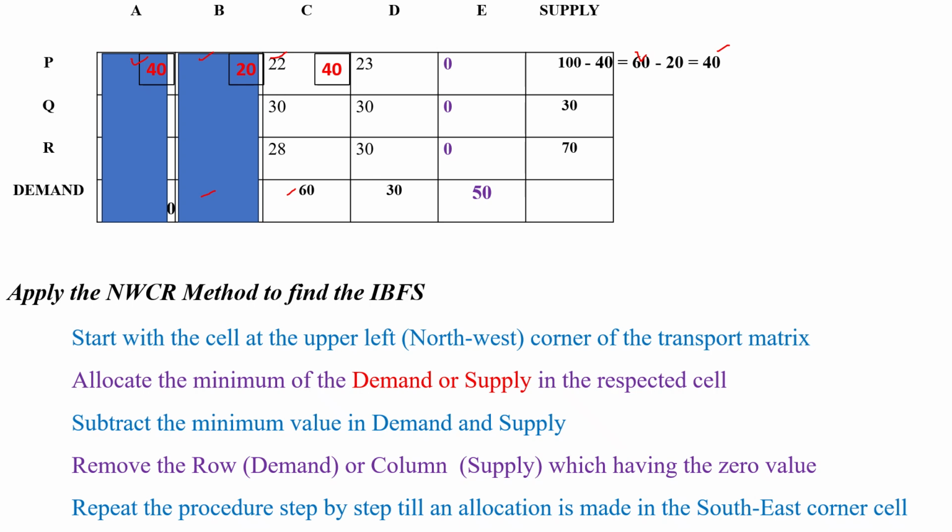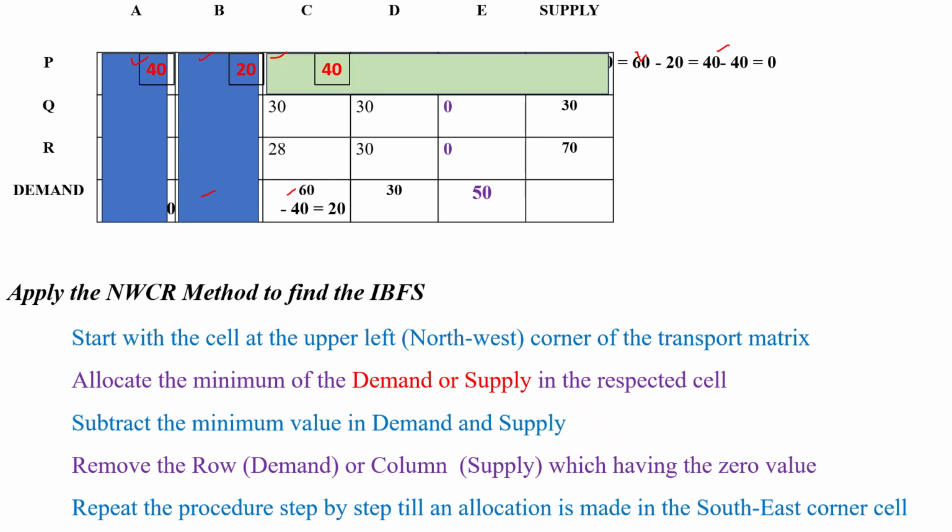So next subtract the 40 from the supply as well as the demand. So supply will become 40 minus 40 equal to 0. Demand will become 60 minus 40 equal to 20. So now we have to remove the row P because its supply is 0.